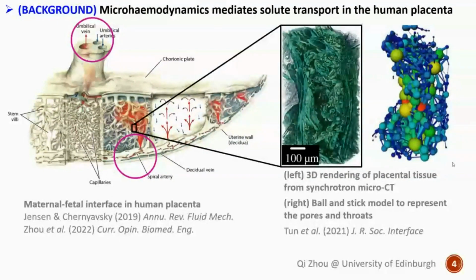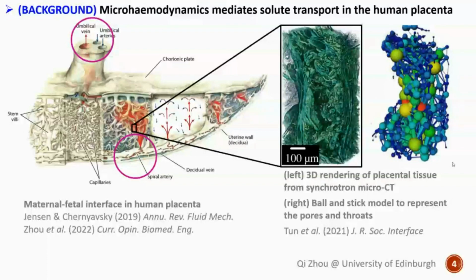Essentially, the vasculature of the fetus is like a tree-root-like structure. If you think of the roots of a tree, it penetrates into the placenta. Then the maternal blood is surrounding the tree roots. We call it the villi structure, to finish this flow-mediated diffusion process.